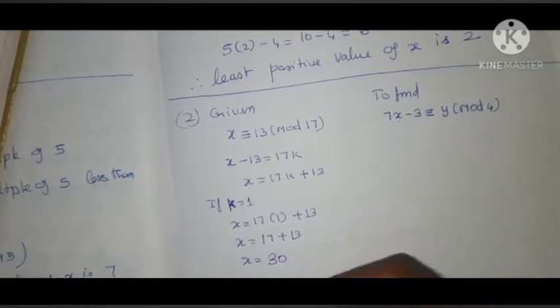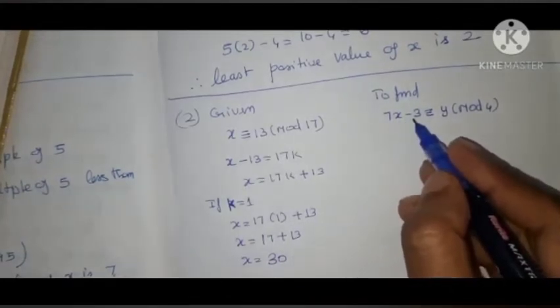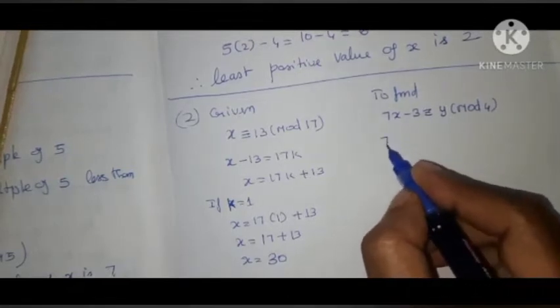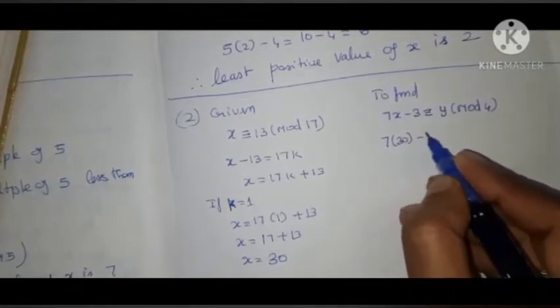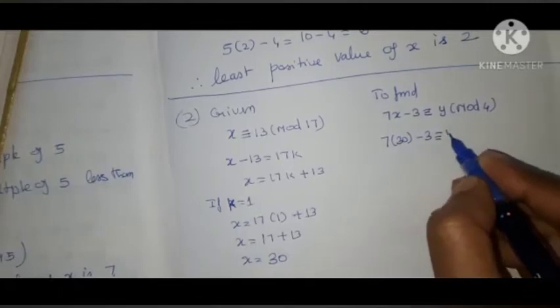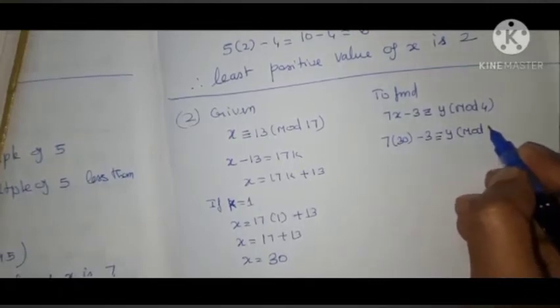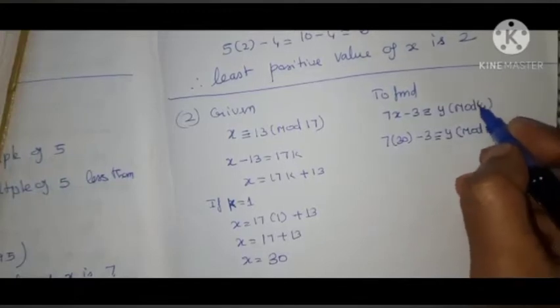The x value is 30. 7x minus 3 congruent to y mod 17.